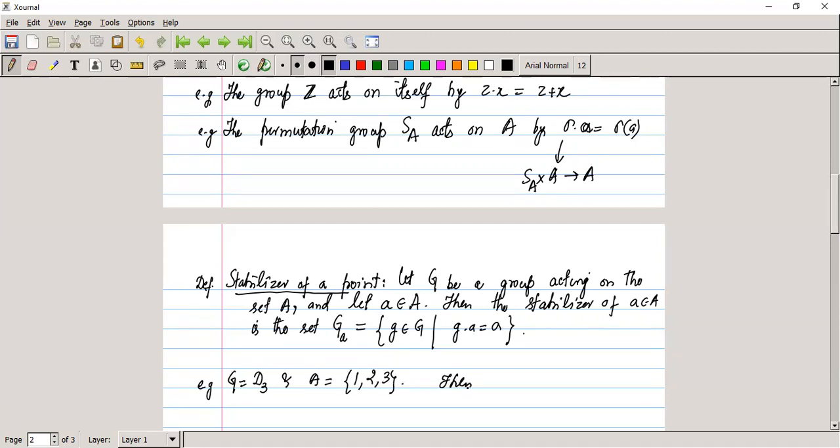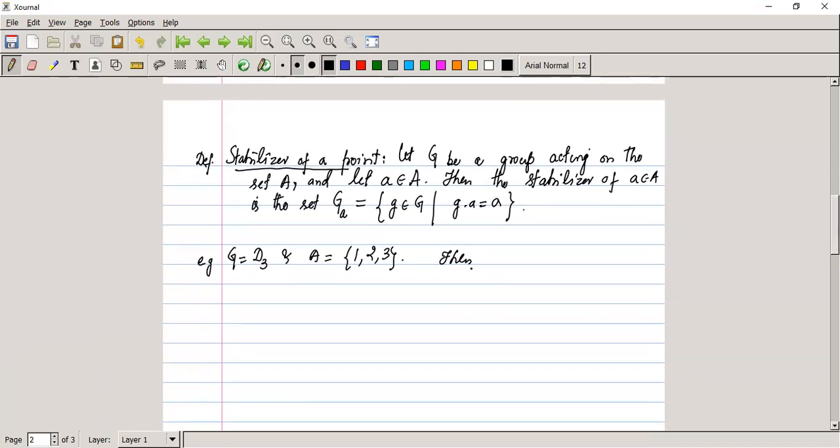Then let's try to find what is the stabilizer of point 1. The stabilizer of point 1, which we shall denote by G1, is the set of elements g belonging to D3 such that g of 1 is equal to 1. So it's actually those elements of D3 which fix the point 1 from A.